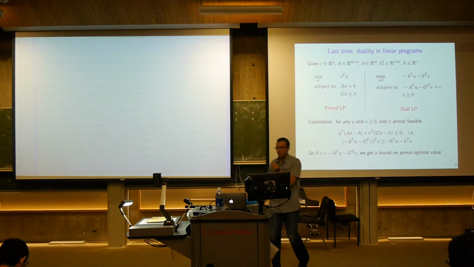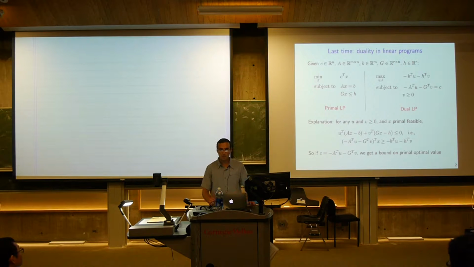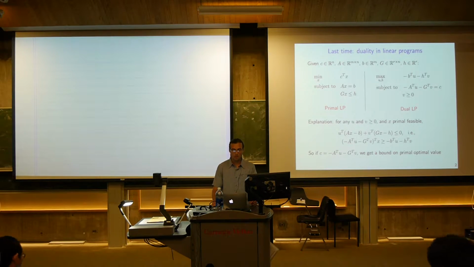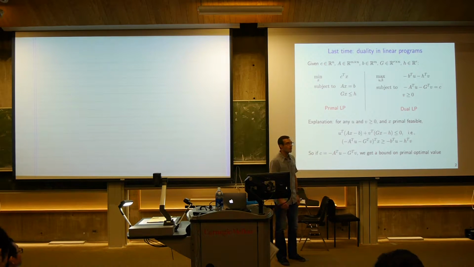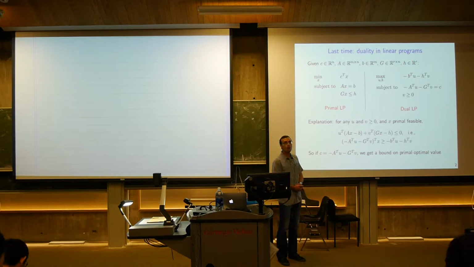The way we went about that was that we wanted to lower bound the primal criterion value at optimality. If we called the optimal value of the primal LP f star, we wanted to construct a lower bound to f star.